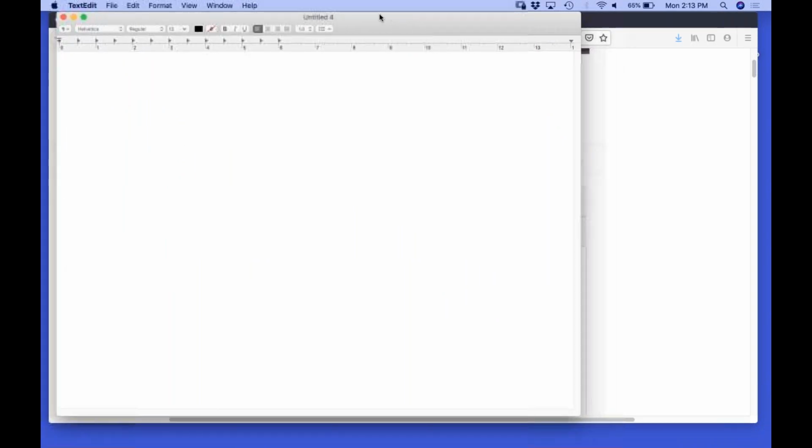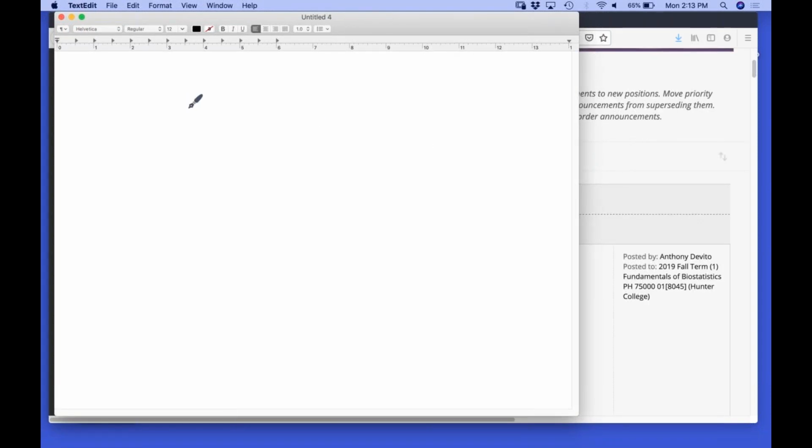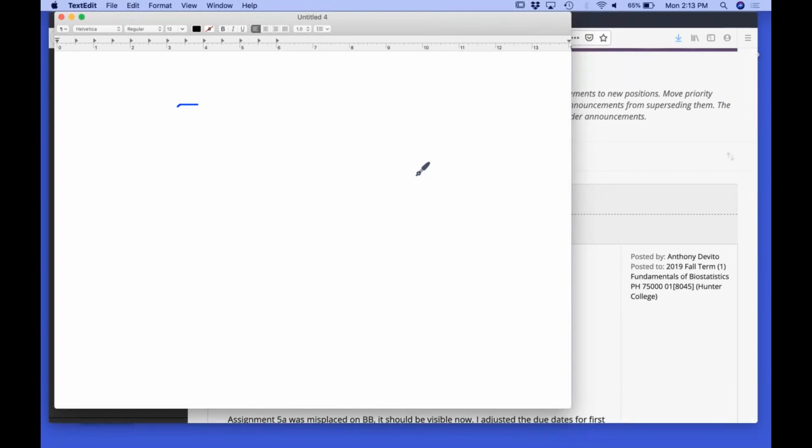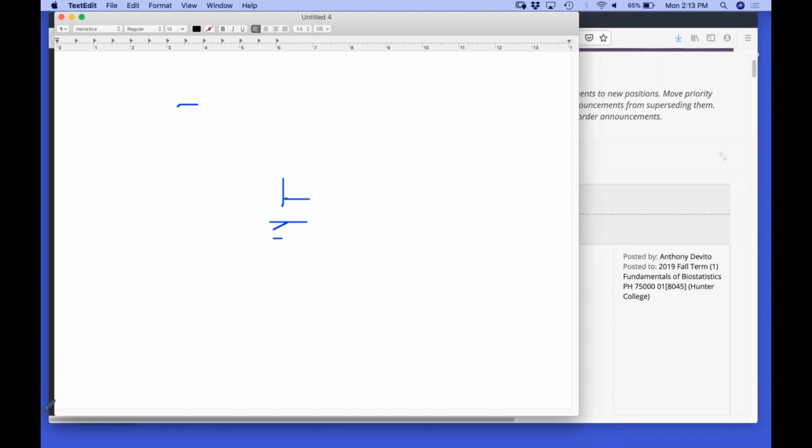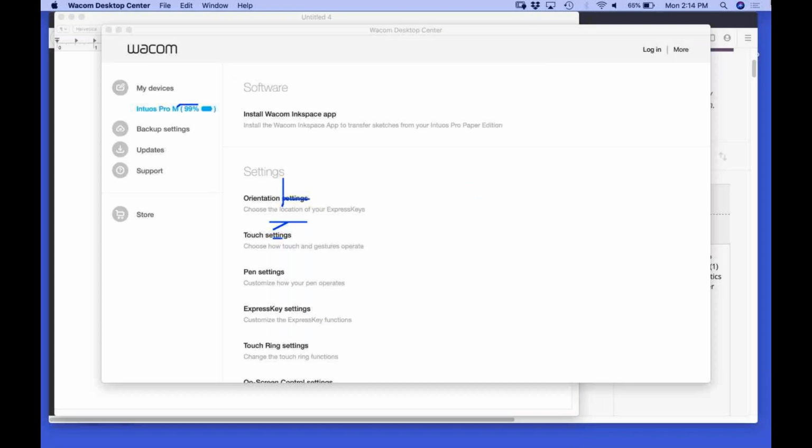I'm going to take my observed values again. I don't think my pen is cooperating here. Let's disconnect it and reconnect it, see if that does anything. Nope, still only lets me draw straight lines. I have to go back here and turn this pen off. Oh, there we go.